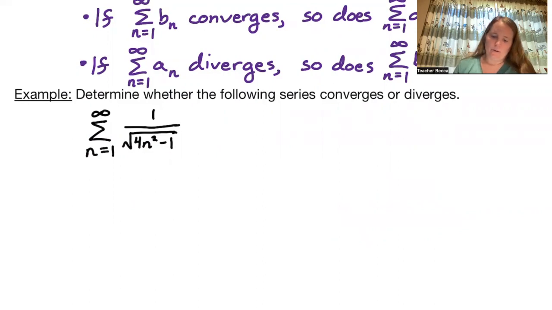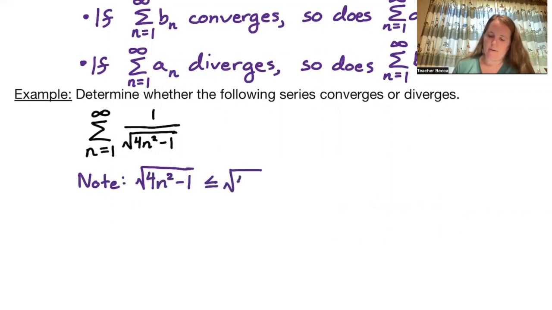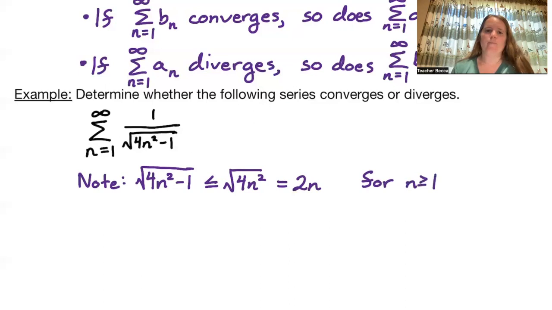And so note that the square root of 4n squared minus 1 should be less than or equal to the square root of 4n squared, which is just 2n, right, for n greater than or equal to 1.